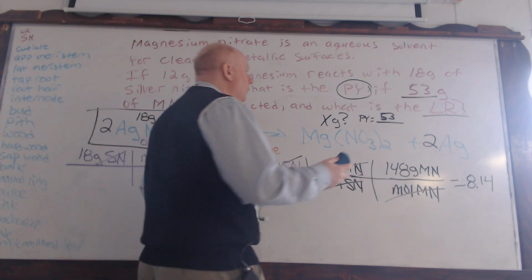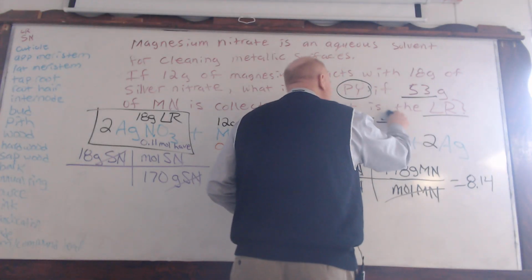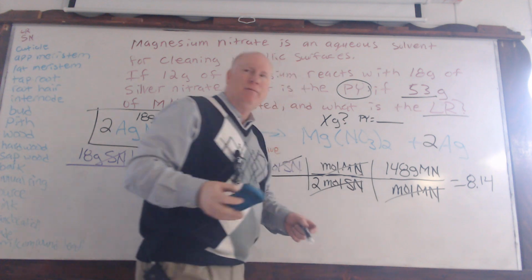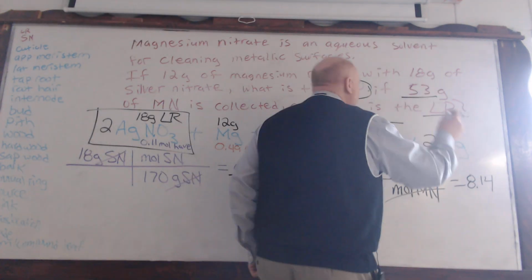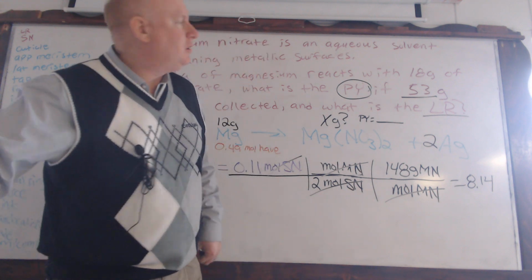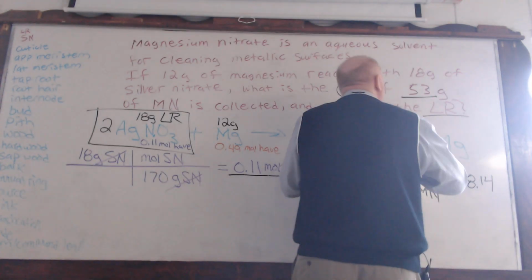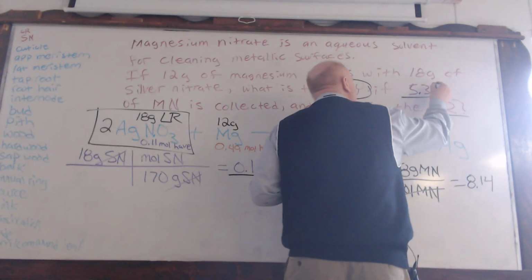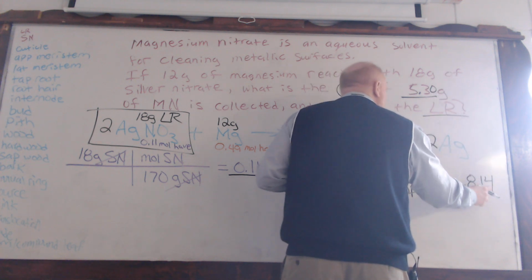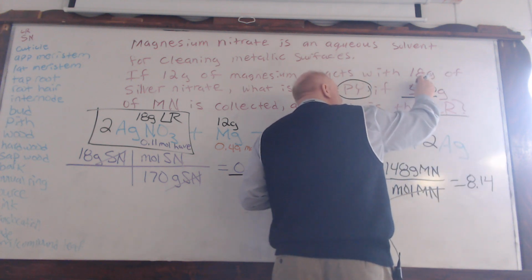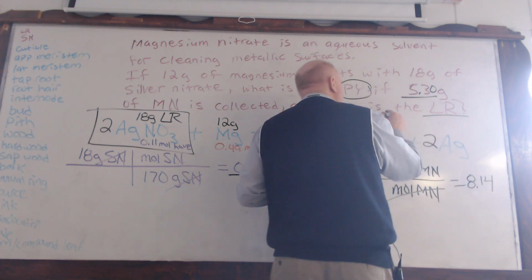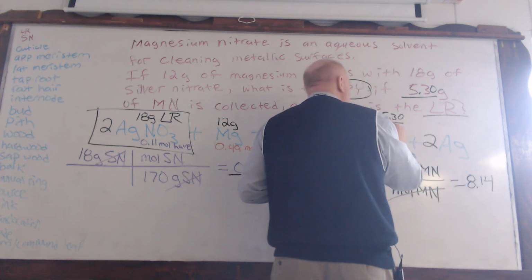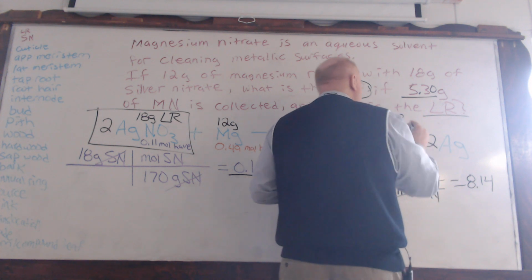So we'll change this to about 5.30. There you go. So then this is what you actually produced. So then on pencil and paper, we're supposed to come up with 8.14.